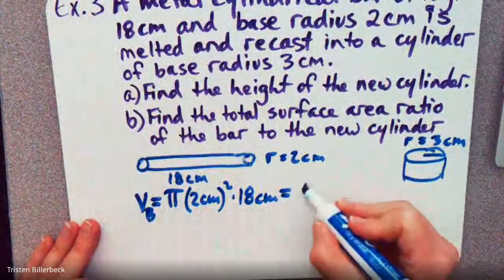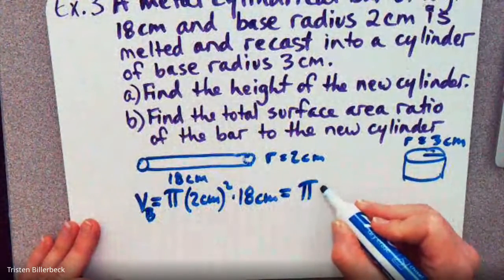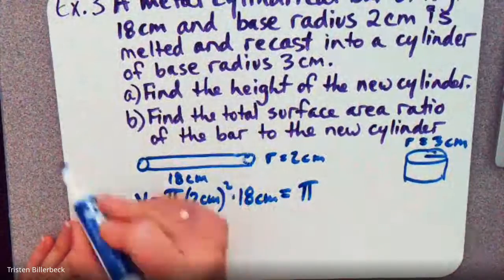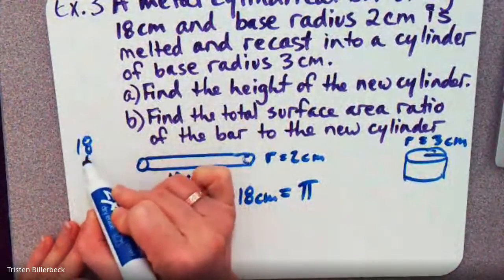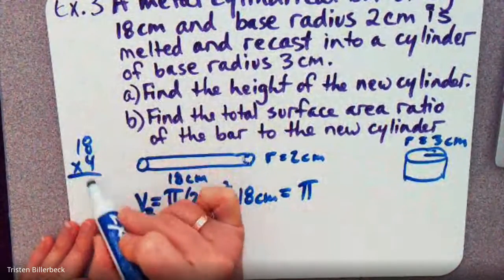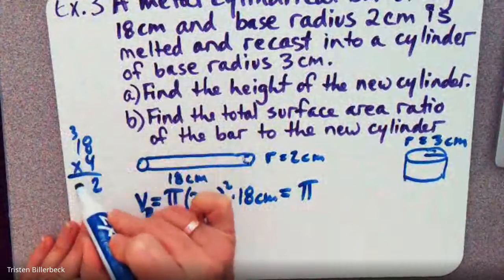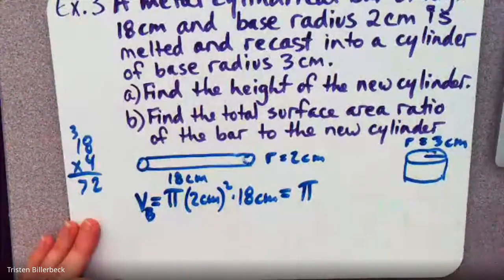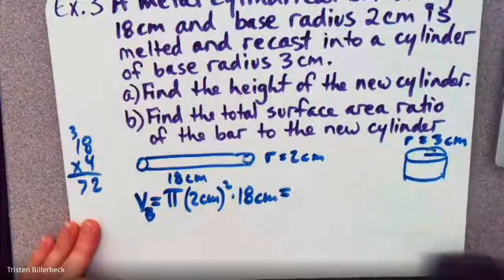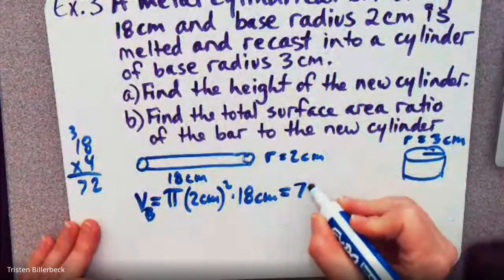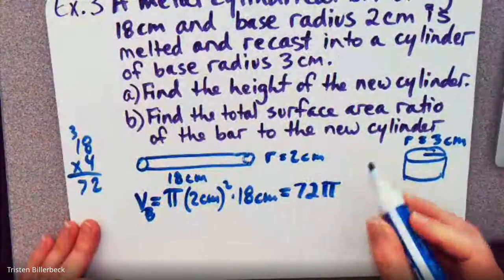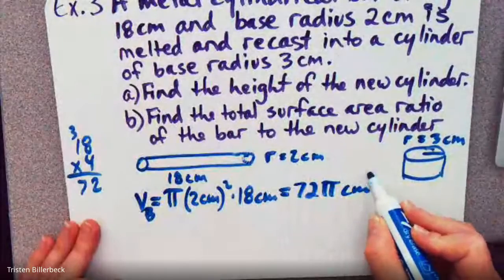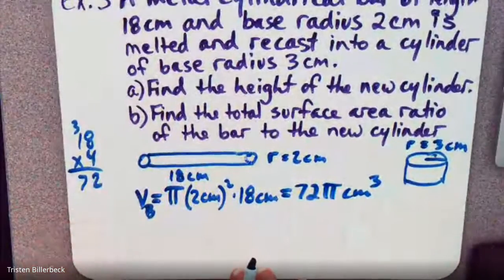So that gives us pi, and then 4 times 18, which is 72. So we have 72 pi. You should write the number before the pi: 72 pi centimeters cubed.